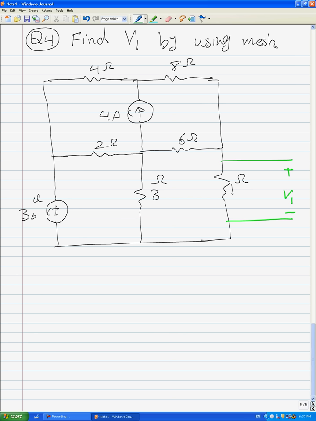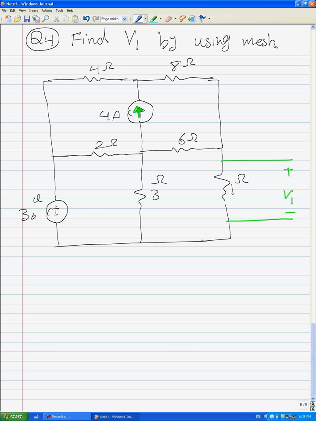In this question, we have a current source here. And also, we want to solve the question by the mesh method.